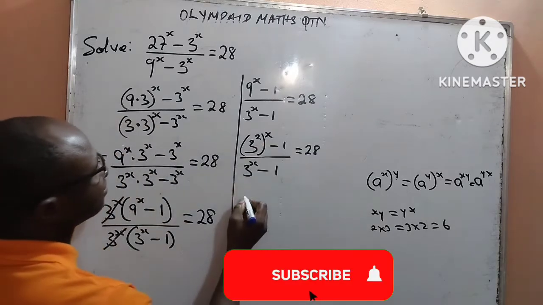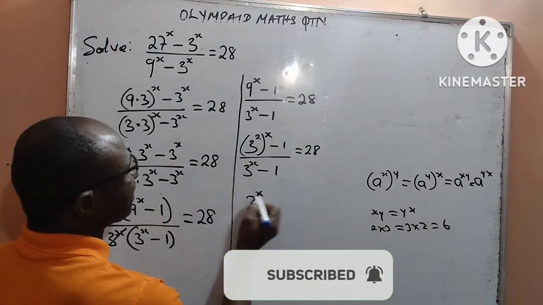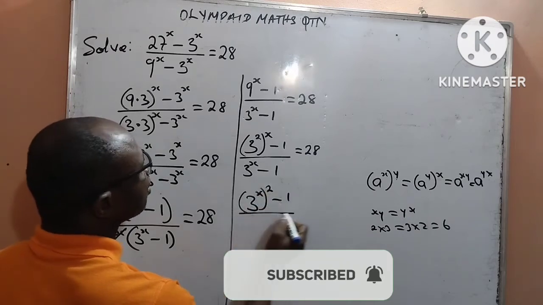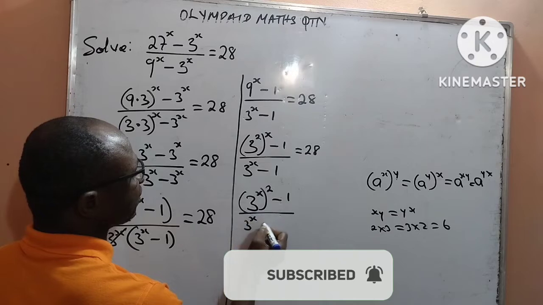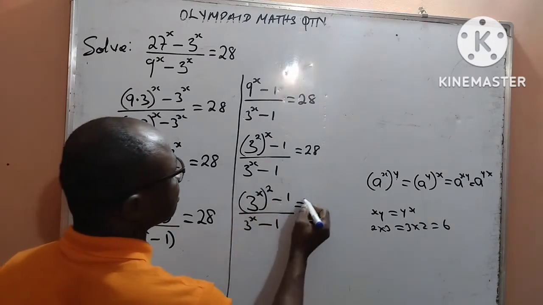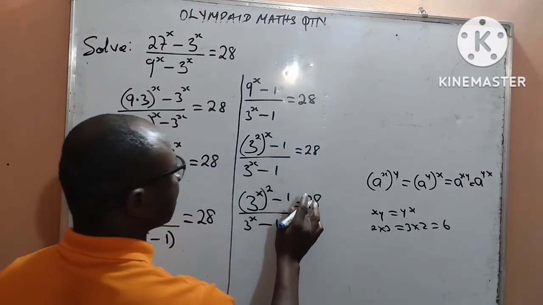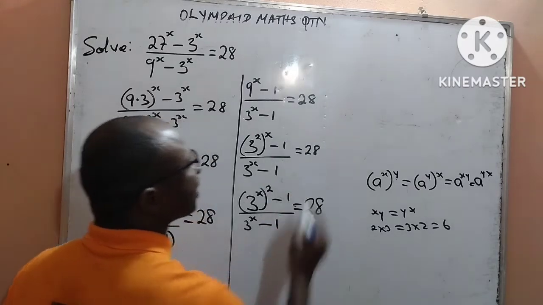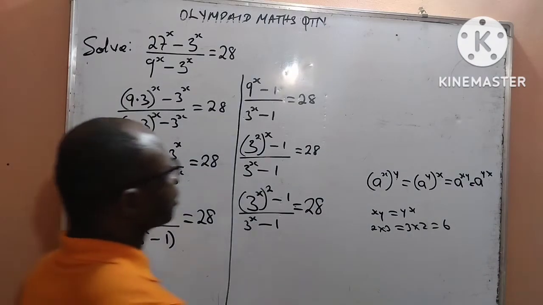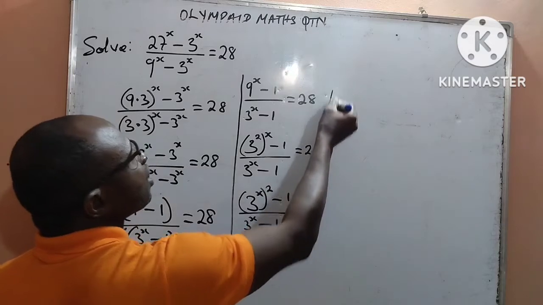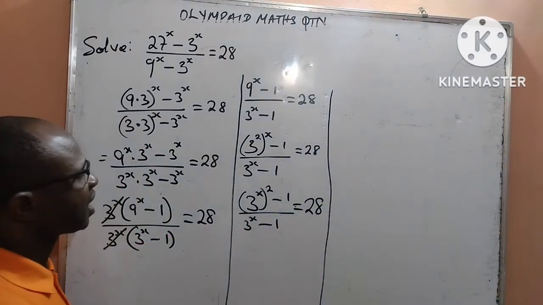Therefore, I shall now write (3^x)^2 minus 1 all over 3^x minus 1, everything now equal to 28. We continue to move forward, and this is now going to give us next.